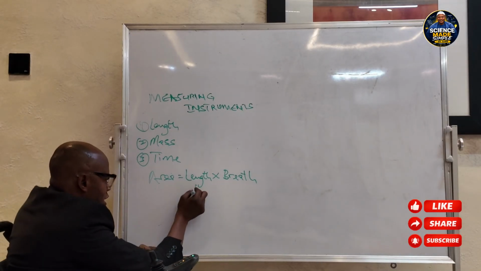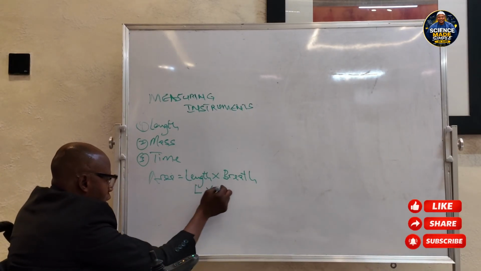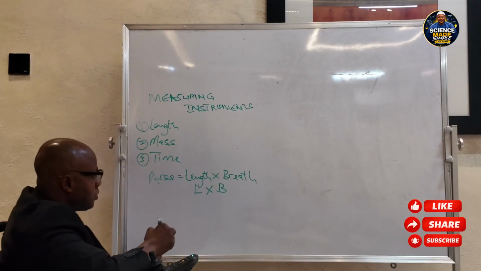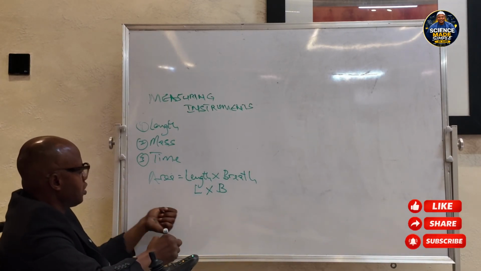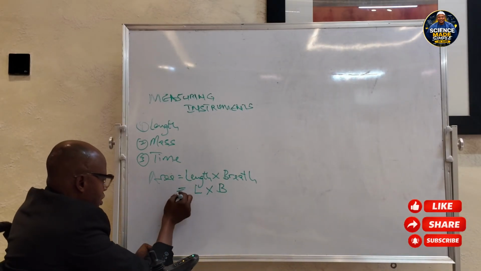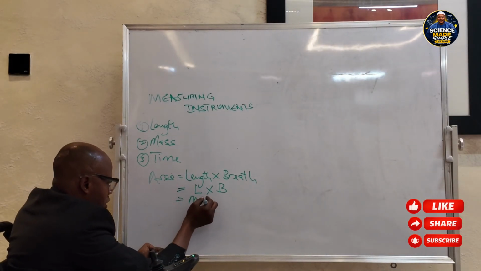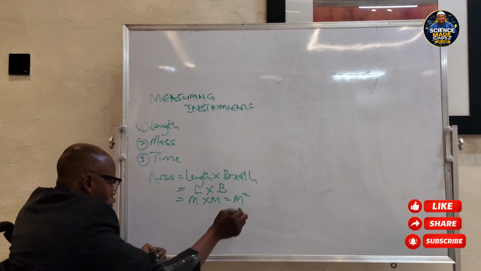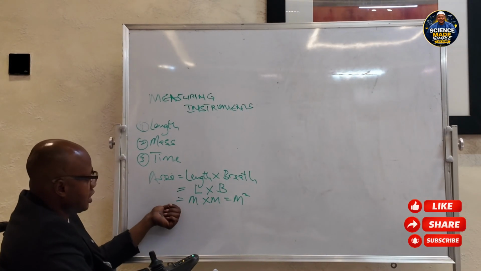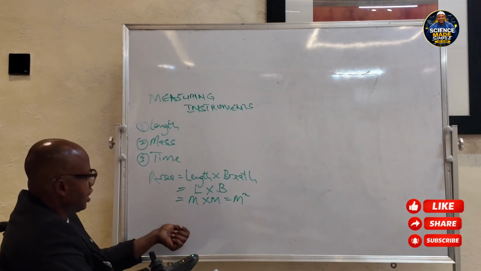The length is represented by L, while the breadth is represented by B. Both are measured in meter. So meter times meter, we have meter square. So whenever we see meter square, that means we have area.